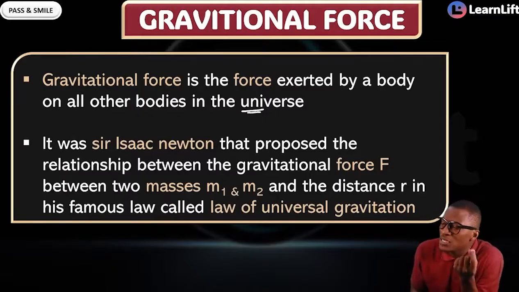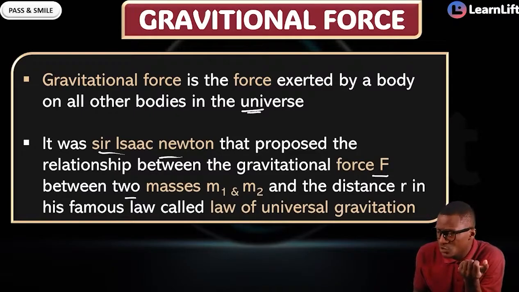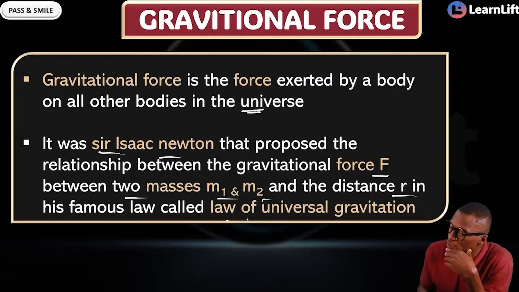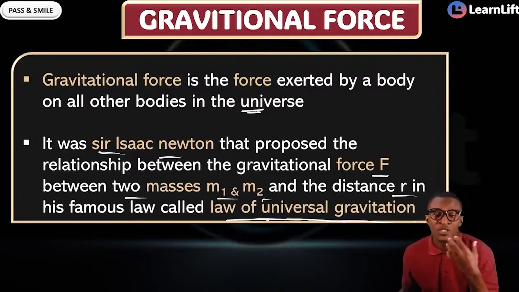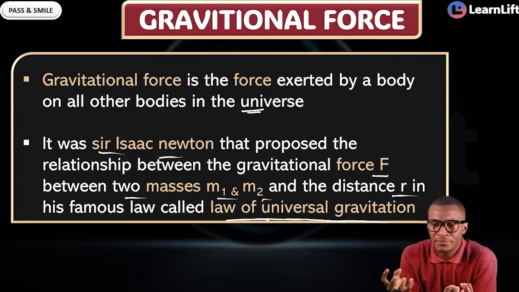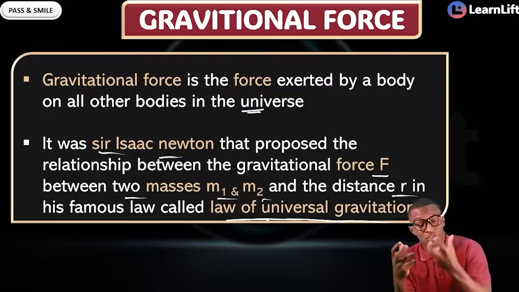It was Sir Isaac Newton that proposed the relationship between force and two masses, M1 and M2, and their distance. He called that famous theory the law of universal gravitation. We're going to talk about that. He said that if two bodies pull towards each other, then there's a force pulling these two bodies together, which we call the gravitational force.